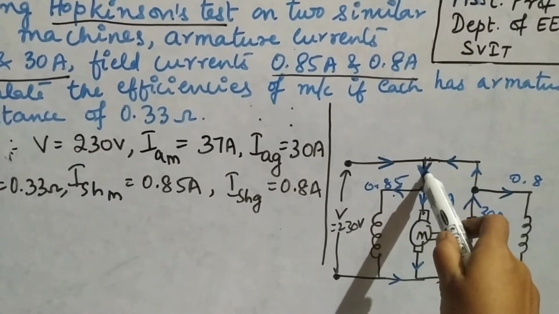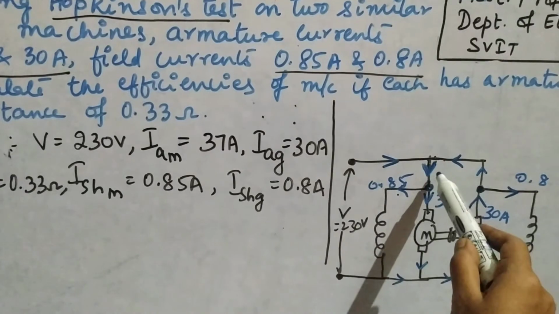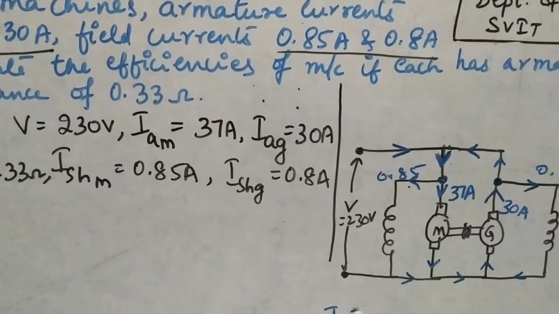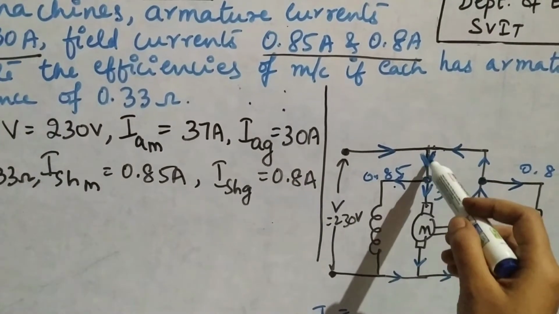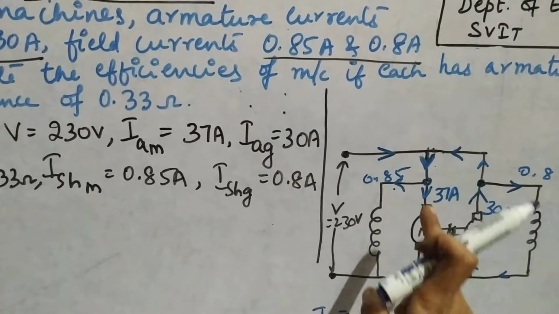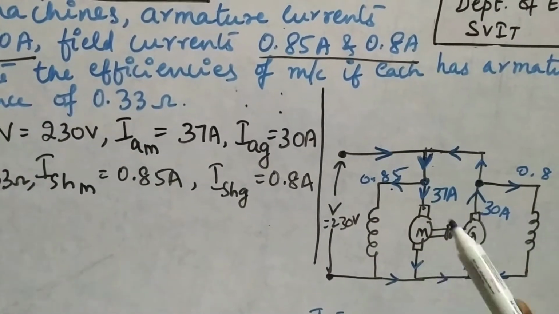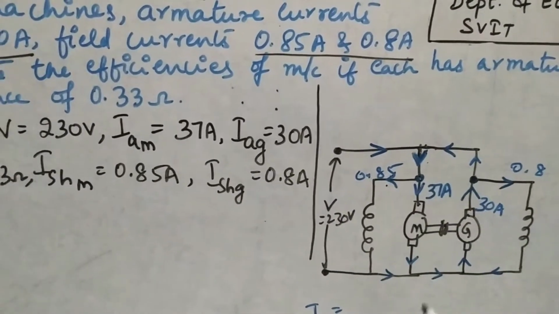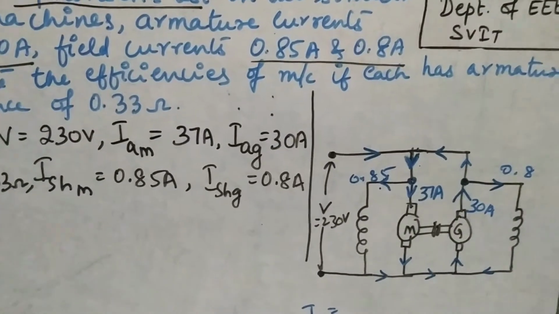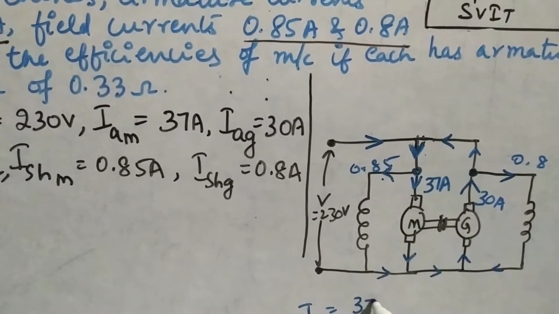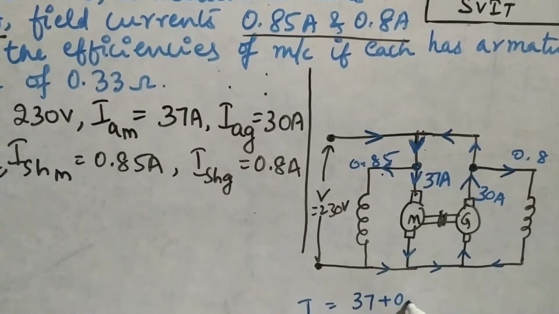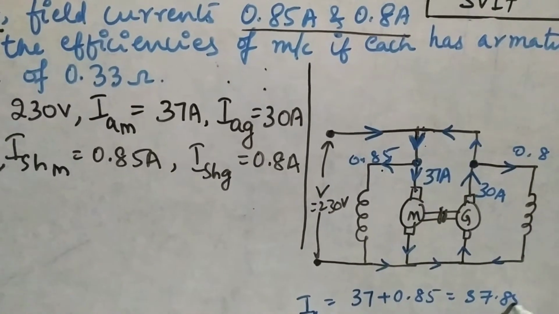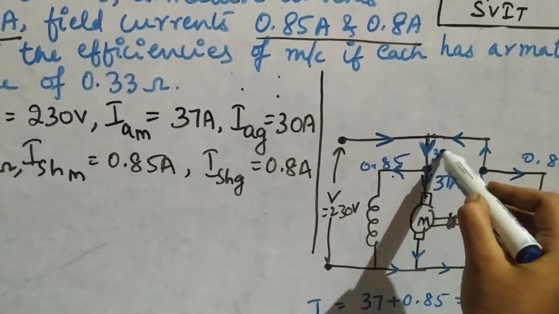The incoming current entering this node, let me take it as Ix, is positive, and these two currents are leaving out, so they are considered negative. So I can take the sum of those two outgoing currents, which is around 37.85. So this current value is 37.85.